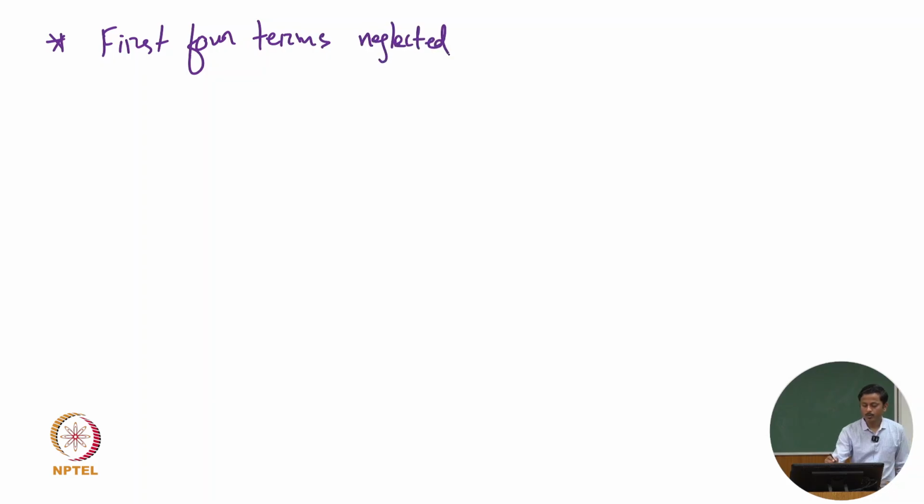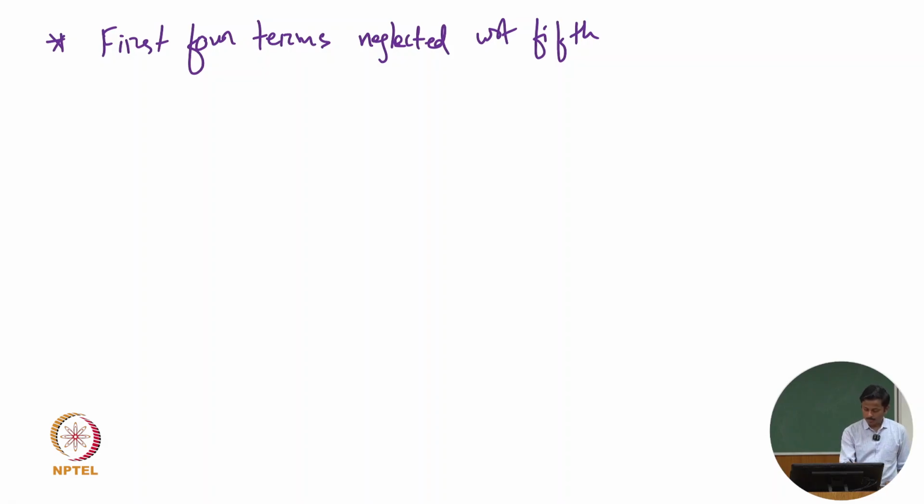First of all, write down this conclusion: the first four terms are neglected with respect to the fifth. The fifth is the Coriolis term.